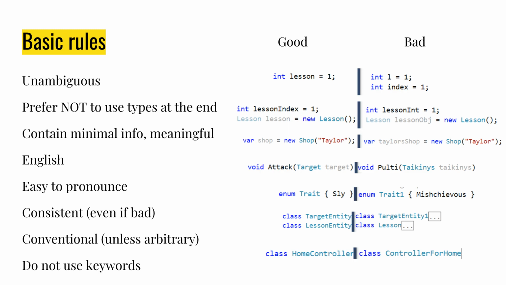We should be as abstract as possible. We should have just enough info as long as it's meaningful. So if our shop gets to buy and sell items, shop is all we need. We don't need tailor shop. Shop is enough.